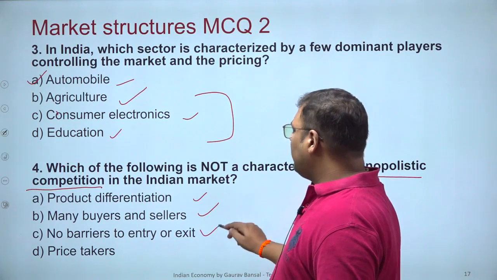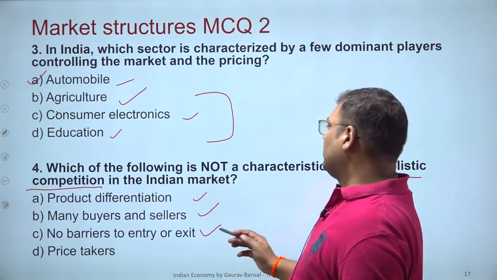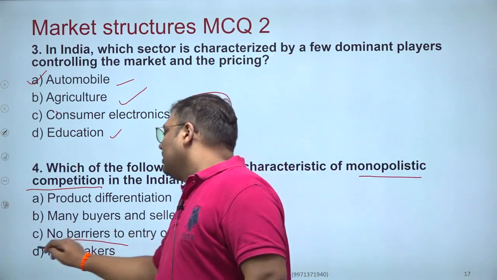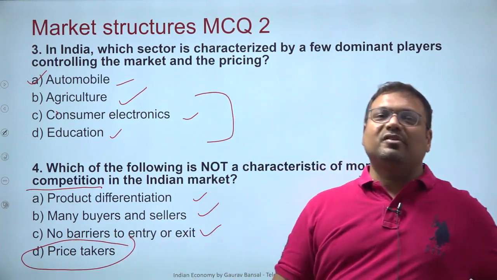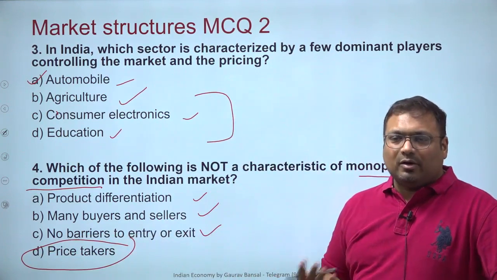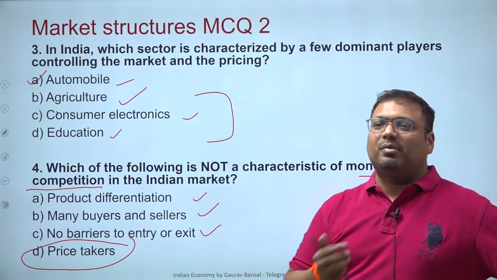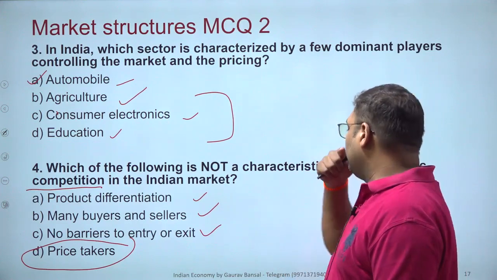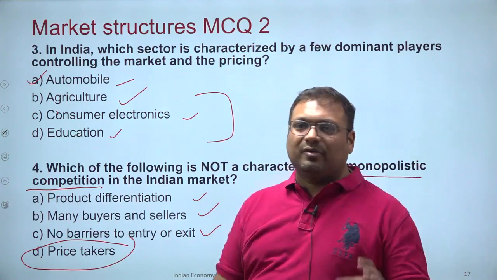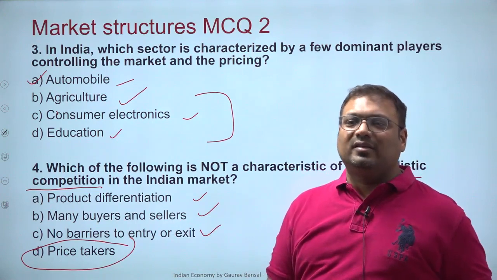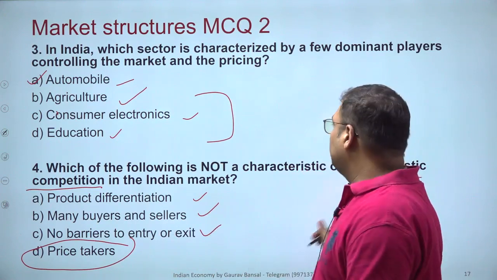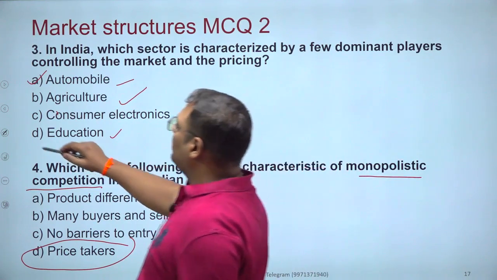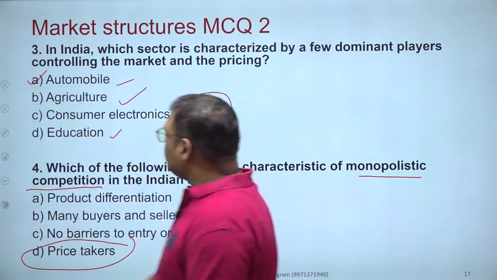No barrier to entry or exit is also a feature. Price taking, a company which cannot set its own price, is a feature of perfect competition, not monopolistic competition. In monopolistic competition, a firm owns a brand and they set the price of their own product. So that is how it gets differentiated.